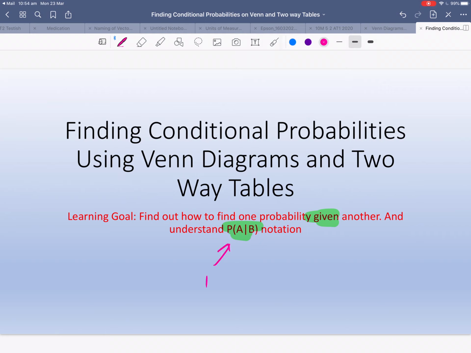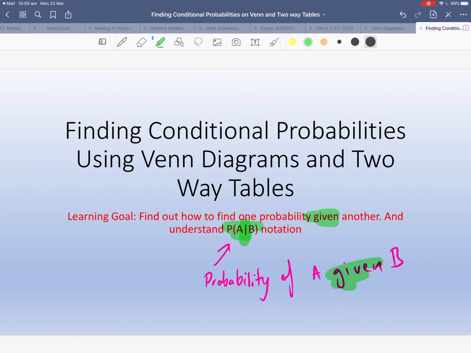That means the probability of A given B. This thing here means given. So, probability of A given B. Make sure you write this down, please.